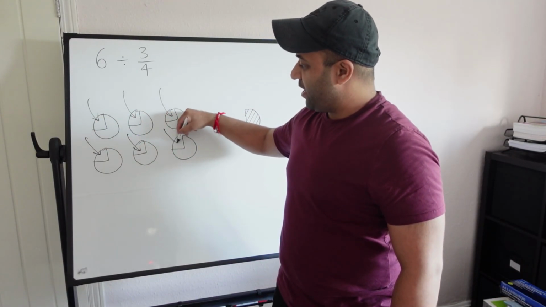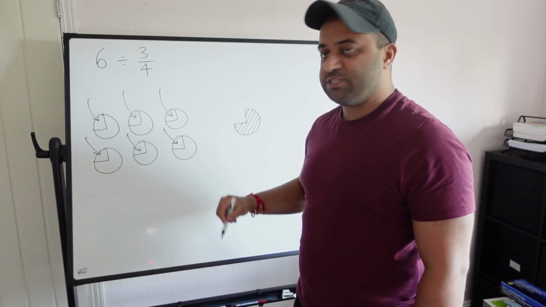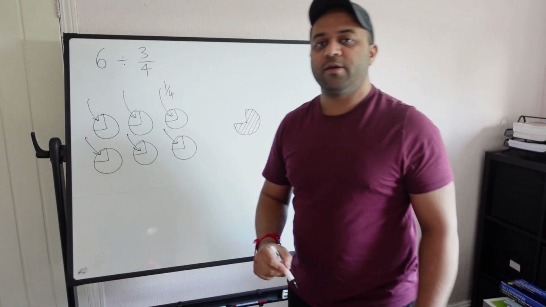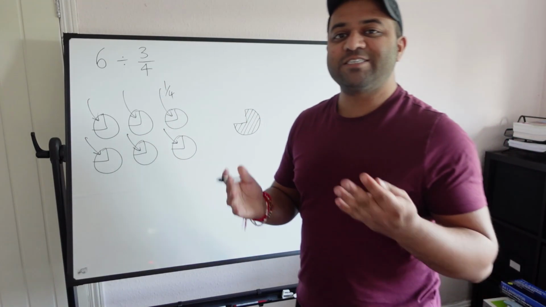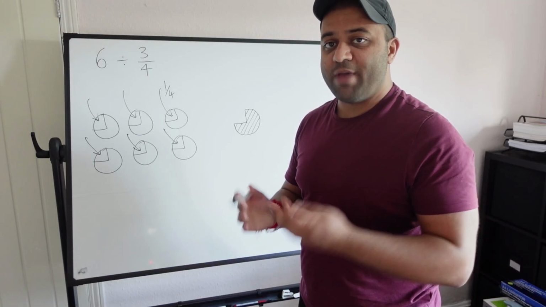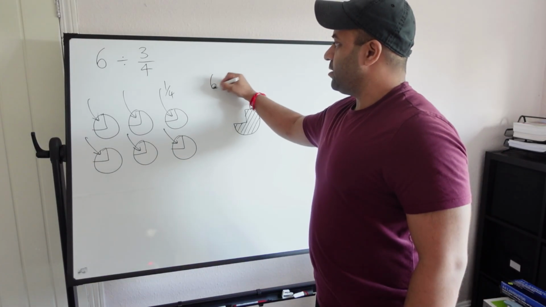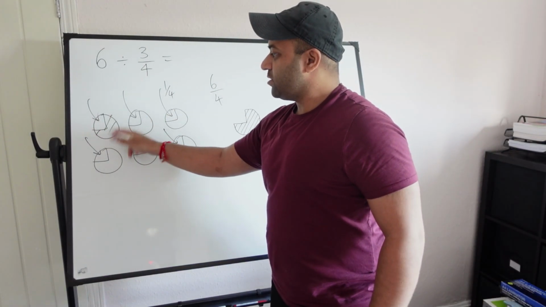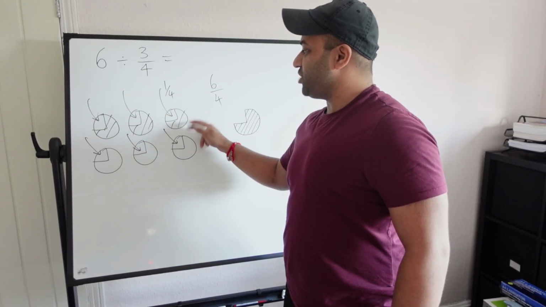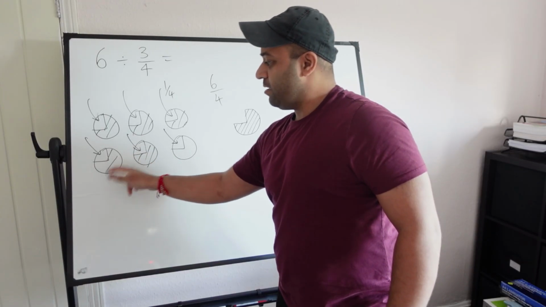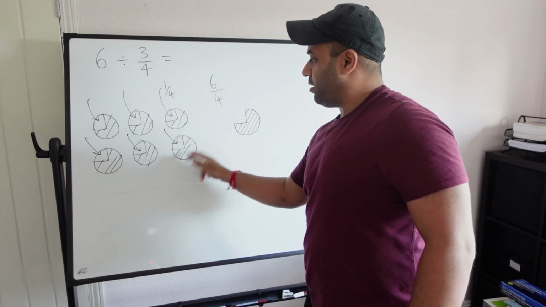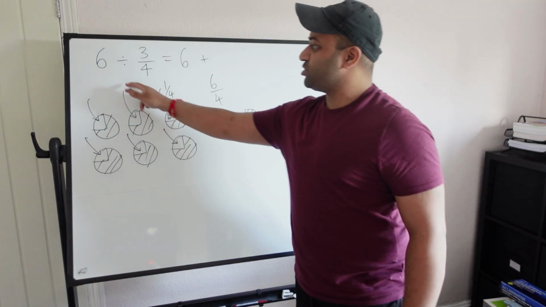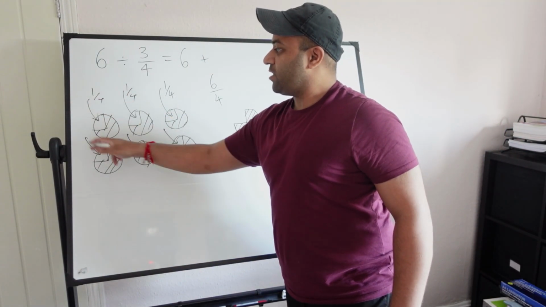Now how big are these leftover pieces? Each of them are 1/4. Now we have 6/4 remaining. So we have 6 times that we can fit the shape in, which I'll shade in, and there's a remaining 6 quarters that we haven't used.